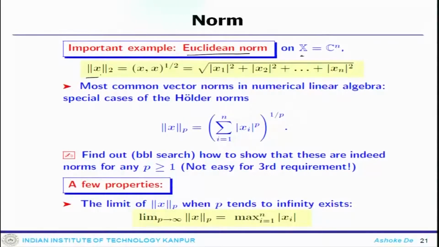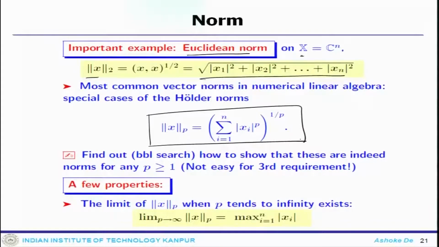So, this is called the L2 norm or Euclidean norm. This is the square root of the sum of all the squared lengths. This is how one can find it out. Now, the most common vector norms in numerical linear algebra are special cases of the Holder norm.